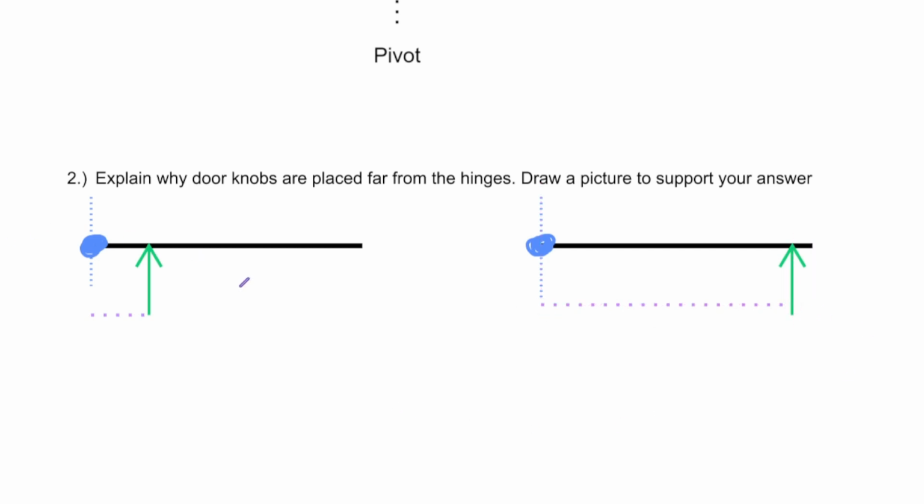So we can see that in the first case, if you're pushing close to the hinge, you get a very low lever arm. This dotted line is very small compared to the other case.